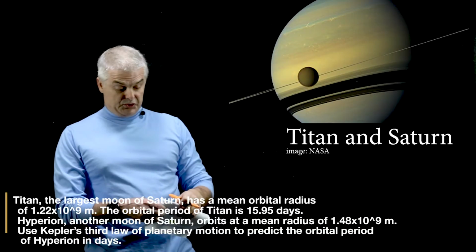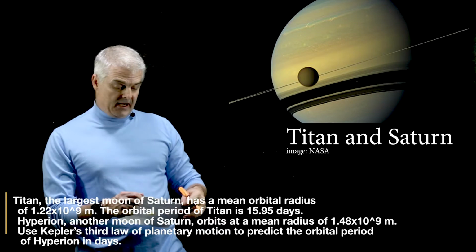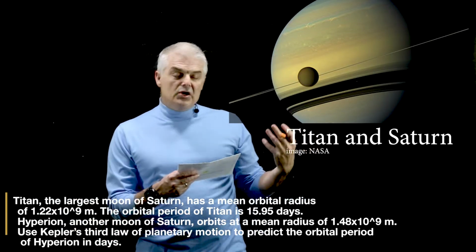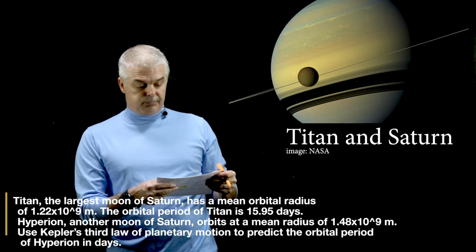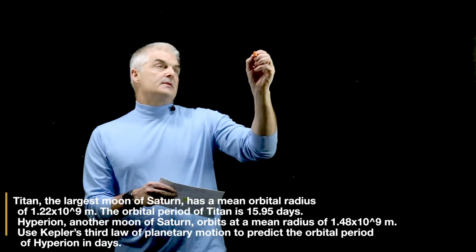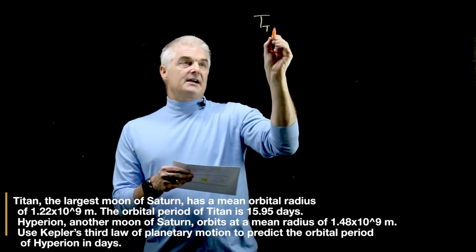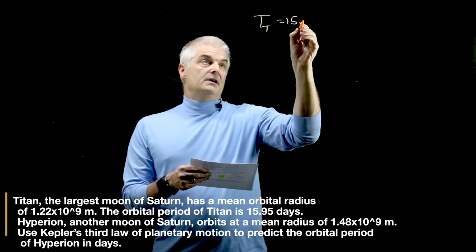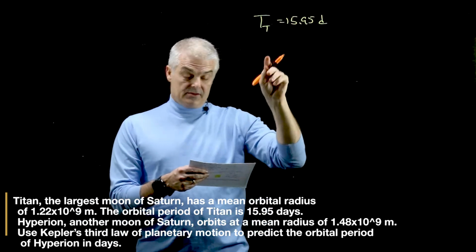And our last example, what if you don't have the nice pretty ones from the Earth and all that cool stuff? So we've got Titan. Titan is one of the moons of Saturn. So we know something about the first moon, and that is Titan. We know that the period of Titan, T sub T, is 15.95 days. Now we've got days as our unit.